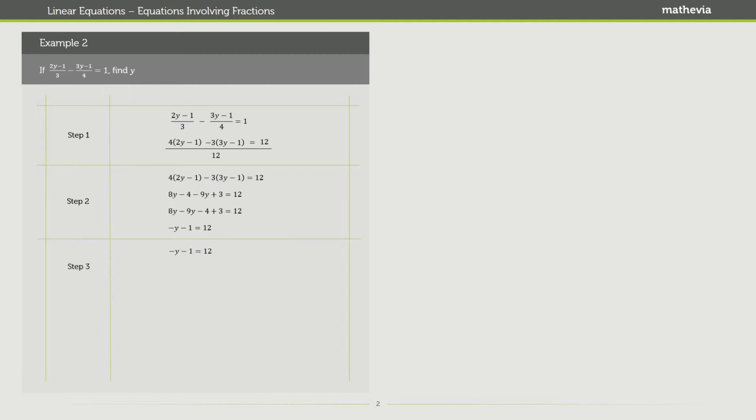Now we can move things across the equal sign, and we have minus y equals 12 plus 1, so minus y equals 13. If we divide both sides by minus 1, we have y equals minus 13. And that is how we solve equations like this.